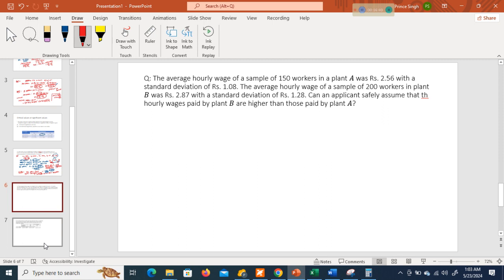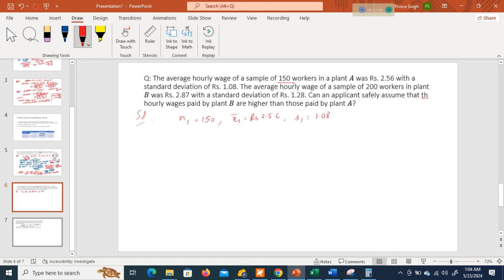And the another question is: the average hourly wage of a sample of 150 workers in plant A was 2.56, with a sample standard deviation of 1.08.